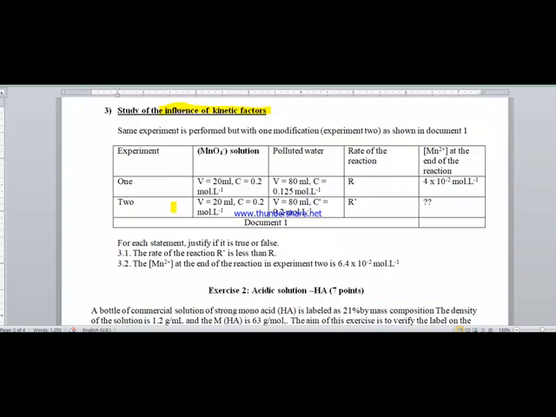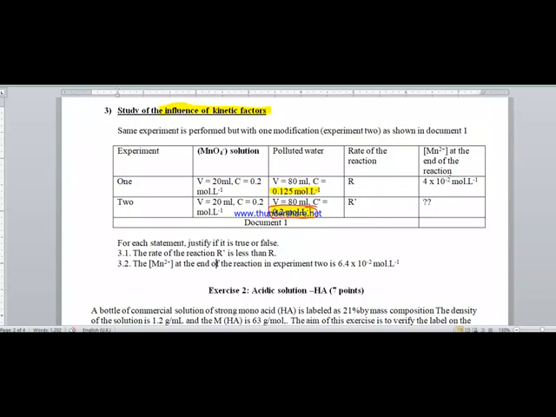The quantity of potassium permanganate remains constant, whereas the concentration of polluted water in experiment 1 is equal to 0.125, which was calculated in the previous part. In experiment 2, the concentration of polluted water is 0.2 mole per liter. So the concentration of sulfur dioxide in water is increased, and we have a different rate of reaction.